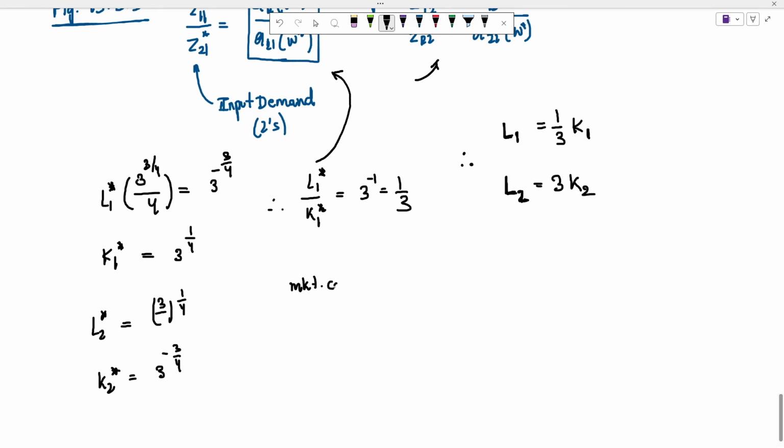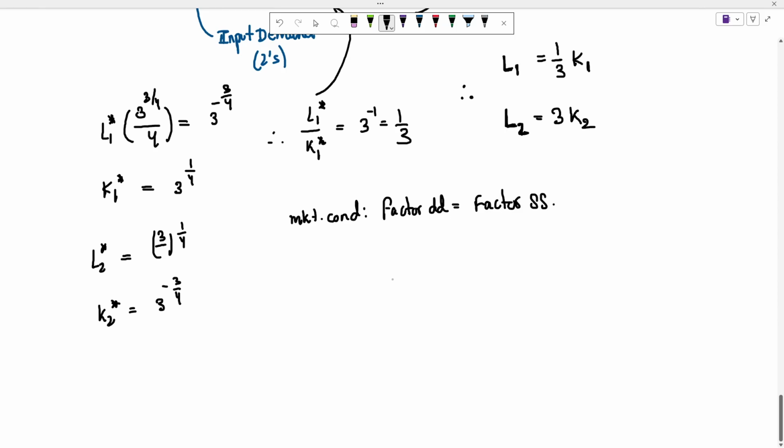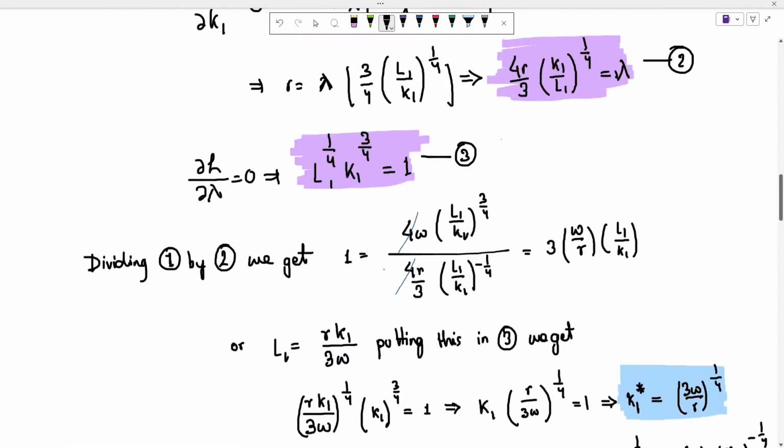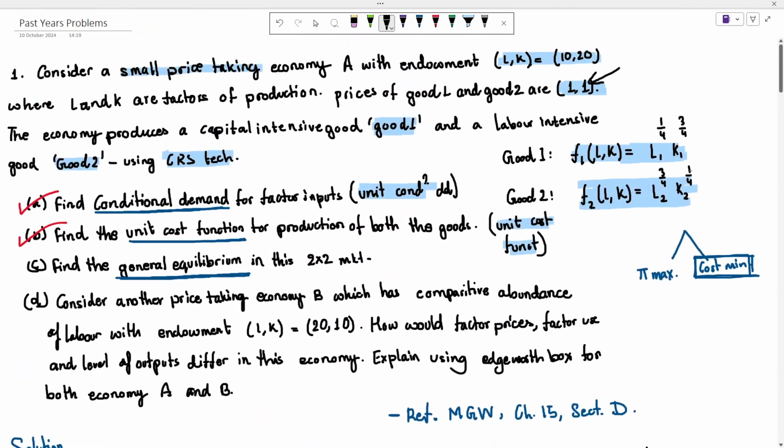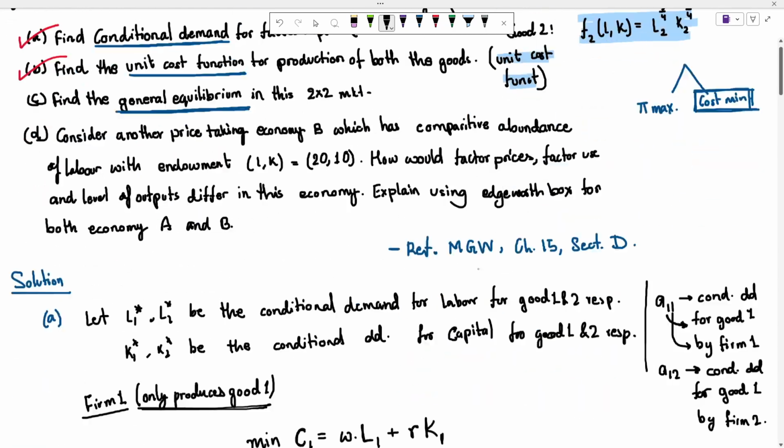Market clearing condition is basically factor demand should be equal to factor supply, right? So basically L1 plus L2 should be equal to what? What was our factor supply? What was our endowment? Our endowment was just 10, 20, right?